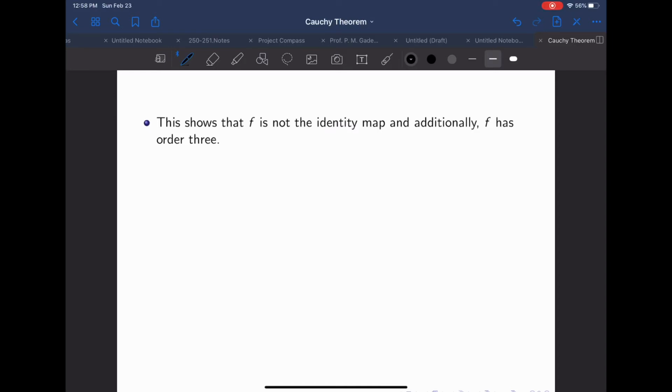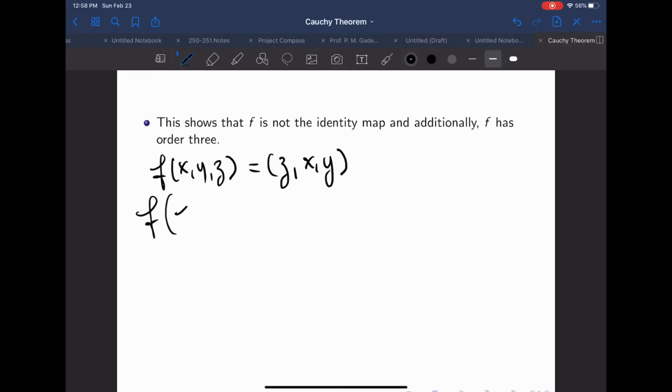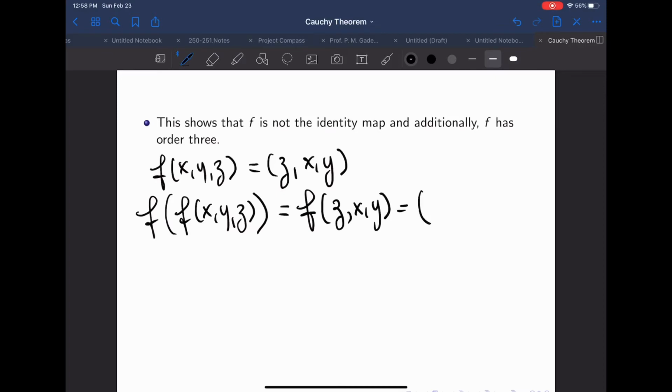Also, if you look at f of x, y, and z, we said that this was z, x, y. Now, if you compute f of x, y, z, what do you get? You get f of z, x, y, which will then be y, z, x.